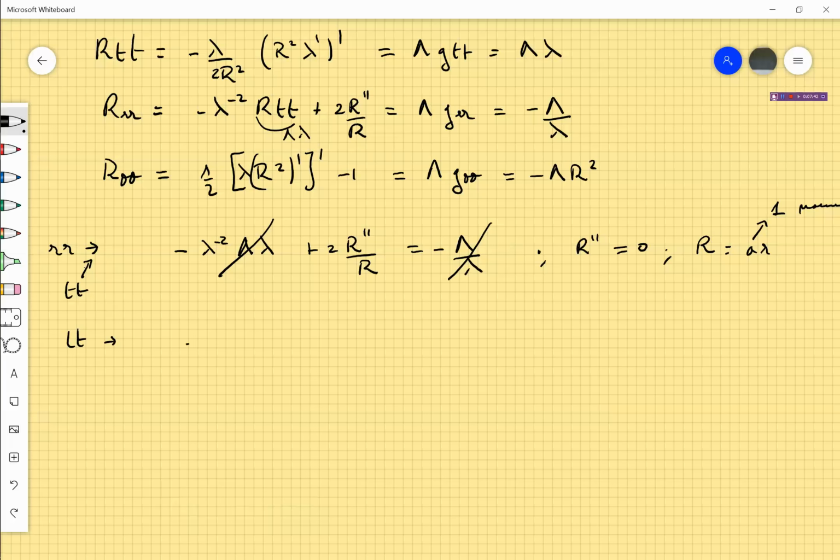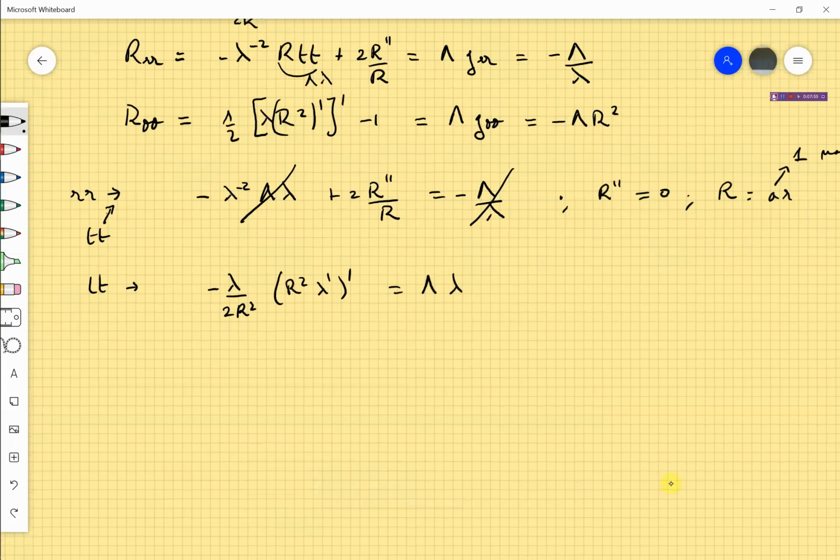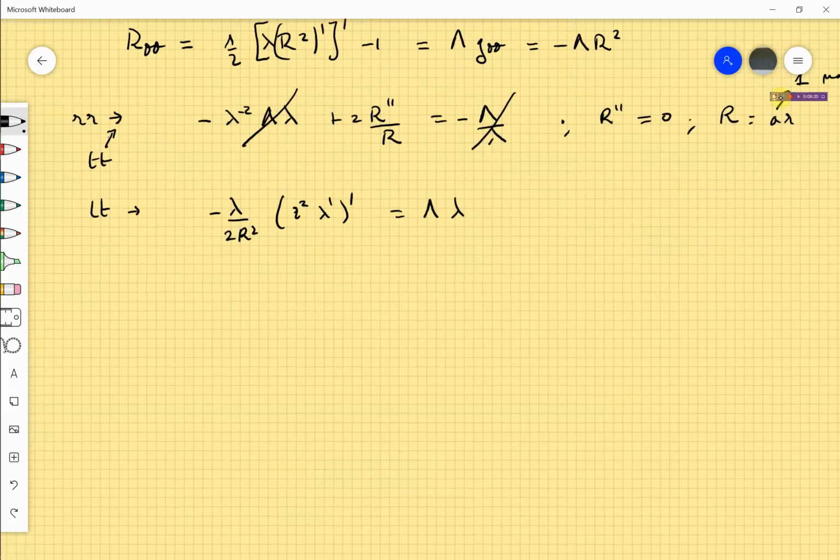And this is minus lambda divided by 2r squared, r squared lambda prime prime equal to capital Lambda lambda. Okay, this lambda on one side and lambda on the other side can be cancelled.